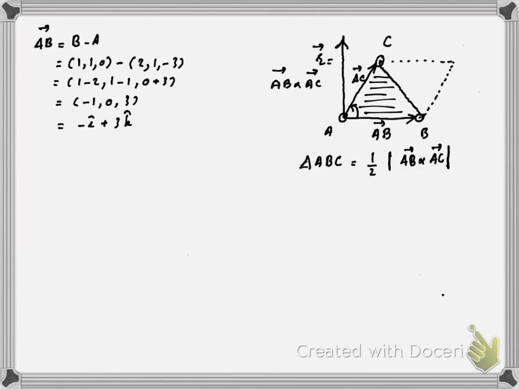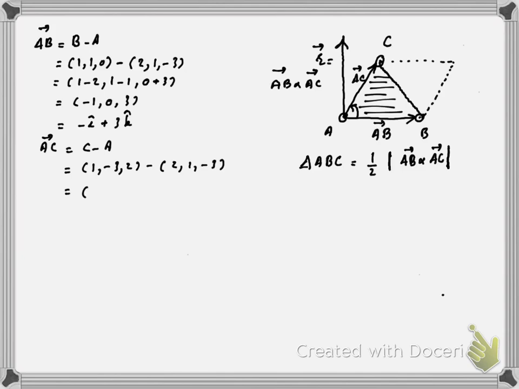Secondly, we find vector from A to C, which is equal to C minus A. C is equal to 1, minus 3, 2, minus A, which is 2, 1, minus 3.